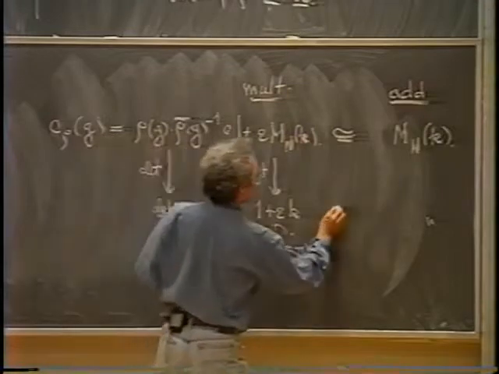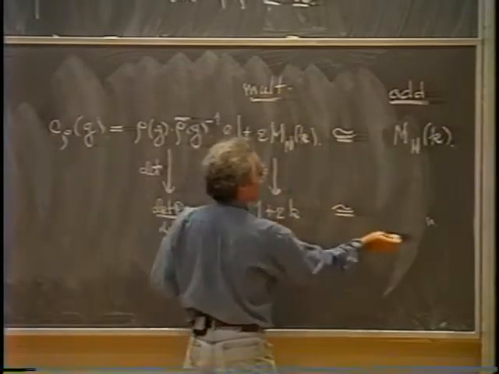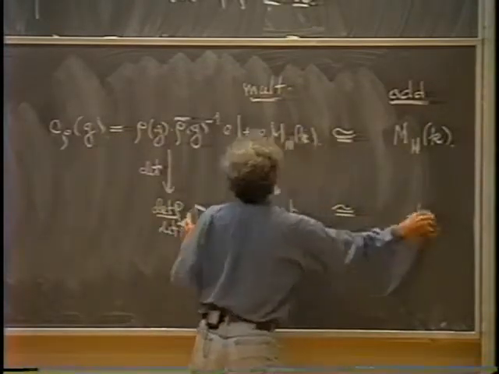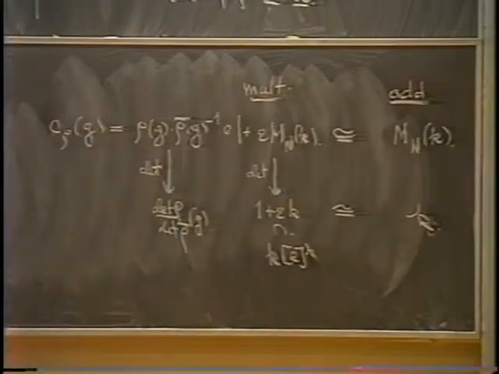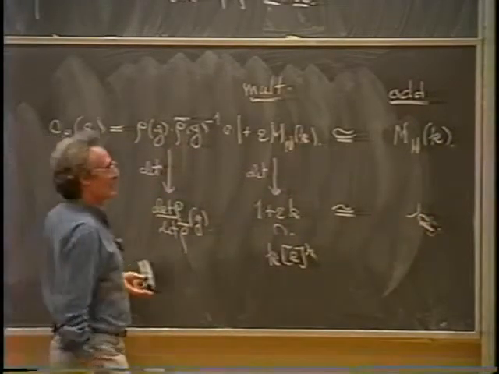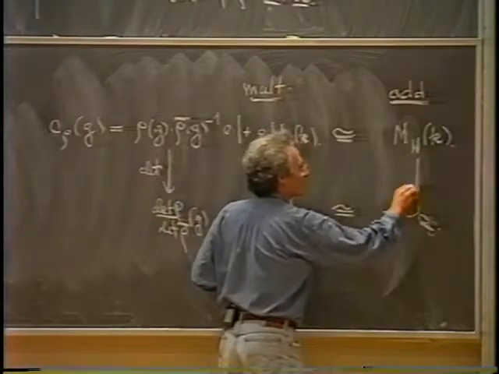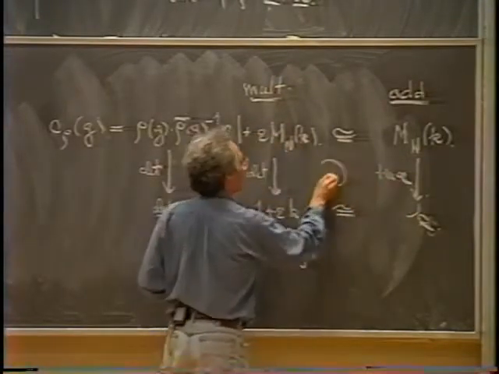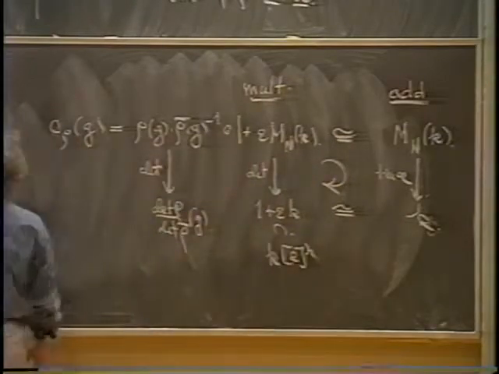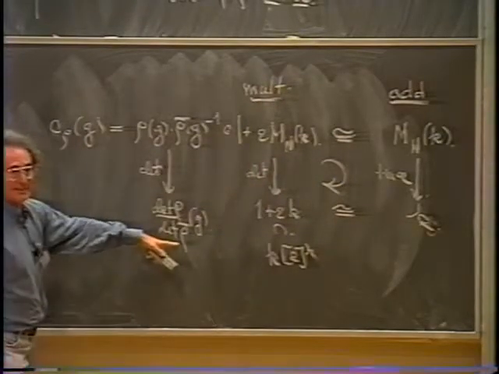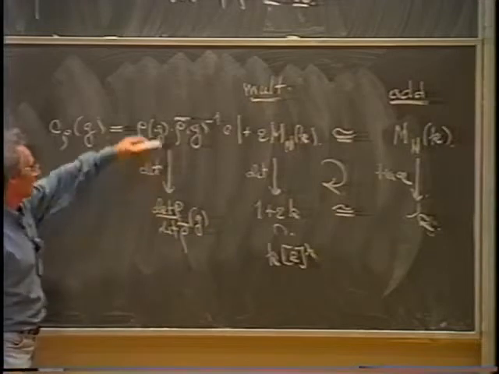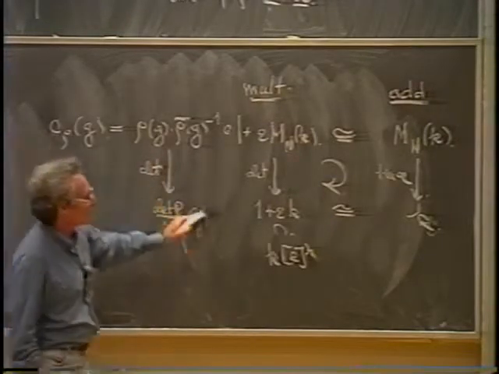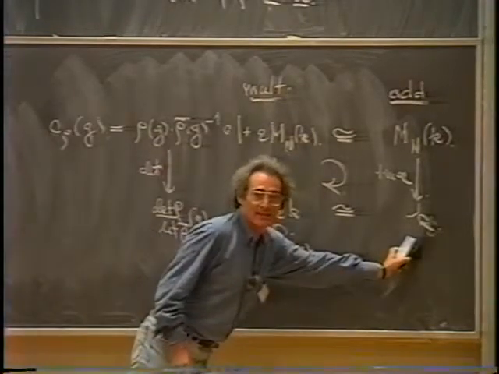Of course, we have a similar log or exponential here, which replaces this by k. And the whole point of this little exercise is to notice that if you complete the diagram by putting a trace here, this is commutative. Since it's commutative, and since rho bar has determinant delta and rho has determinant delta, this image is 1. So when you go by the logarithm, you get 0 here.